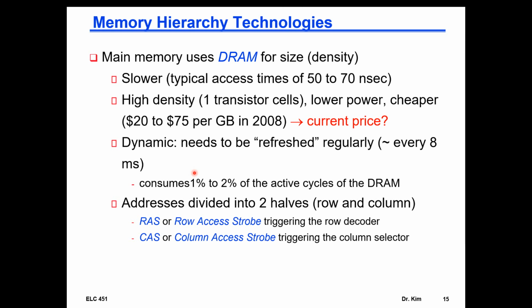But all memories are basically a 2D array of bits, and then you have rows and columns, and from the address, you essentially can tell in which row and which column your data is.